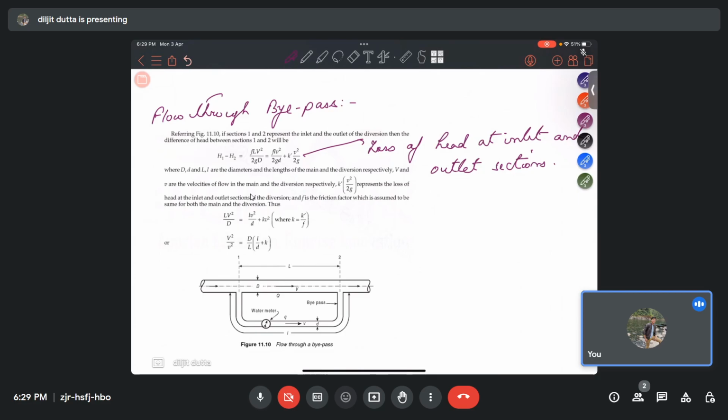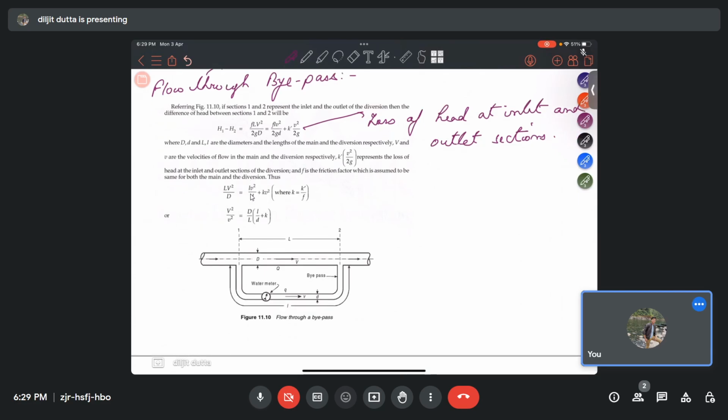In that case we cannot put flow meters in such large pipes. So what we do is connect a bypass between two sections of the large pipe and measure the flow in the bypass. If we know the flow in the bypass and its relation with the main flow, we can get the total amount of flow in the main pipe. So this is the schematic of a flow through a bypass.